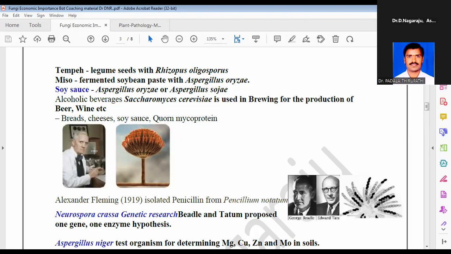Actually he was working on other antibiotics, that means Aspergillus. While doing that work, he went away for 1 month, leaving his laboratory.